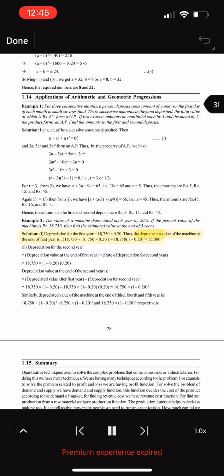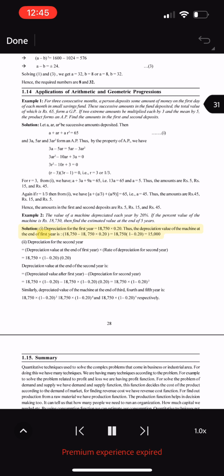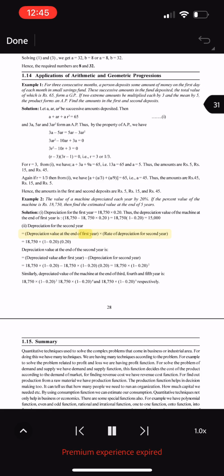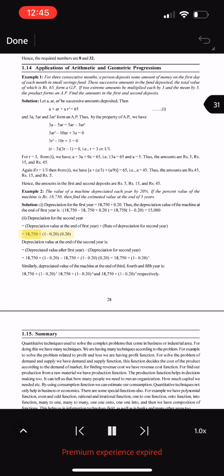Thus, the depreciation value of the machine at the end of the first year is 18,750 times 0.20 equals 3,750, so the value is 15,000. Depreciation for the second year equals the value at the end of the first year times the rate of depreciation, equals 18,750 times (1 minus 0.20) times 0.20.